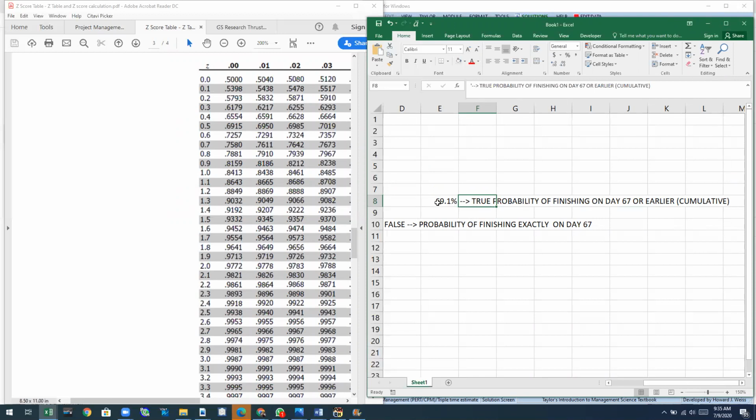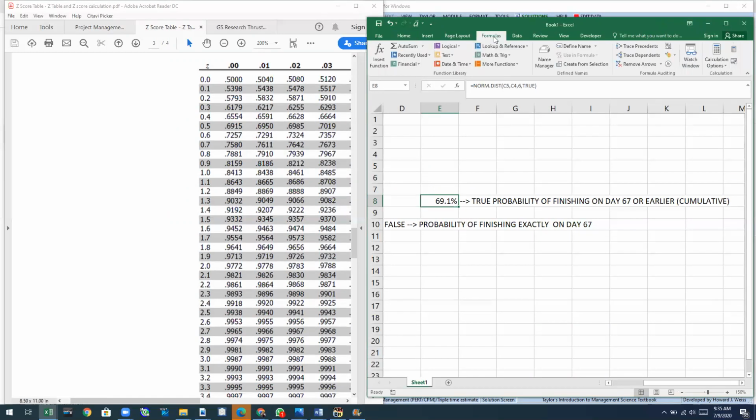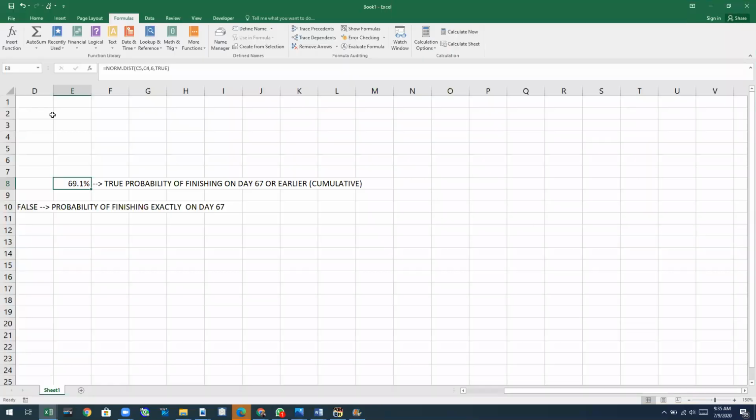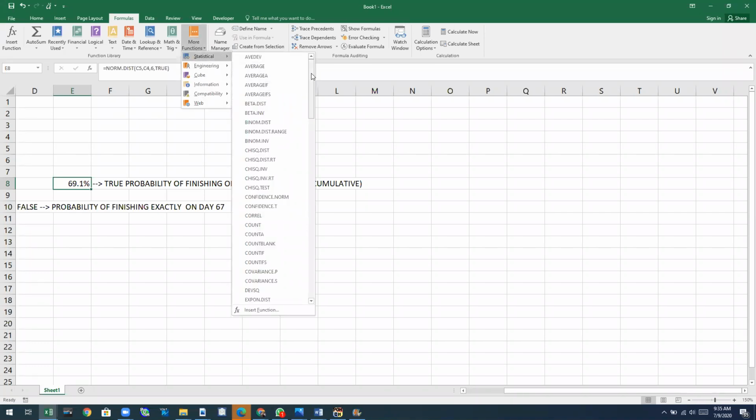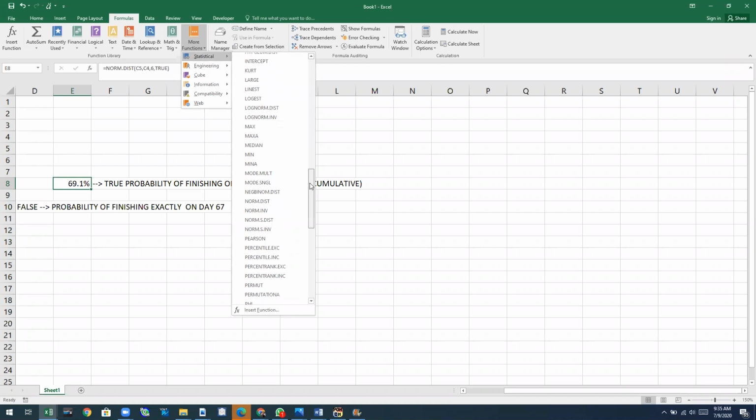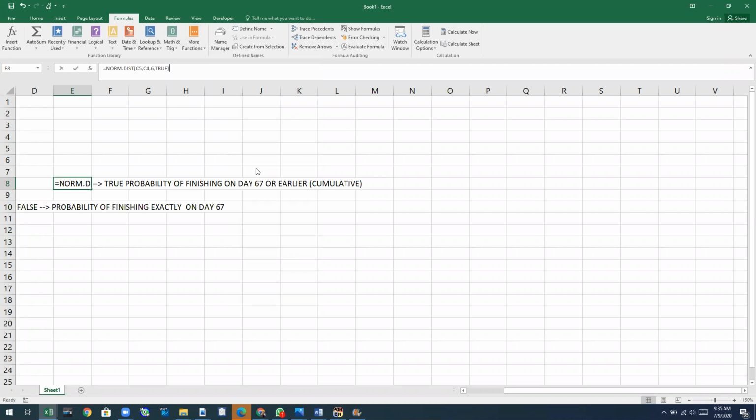We can calculate this probability without using the table, by using an Excel function. You go to Formulas, then Statistical, and look for normal distribution.